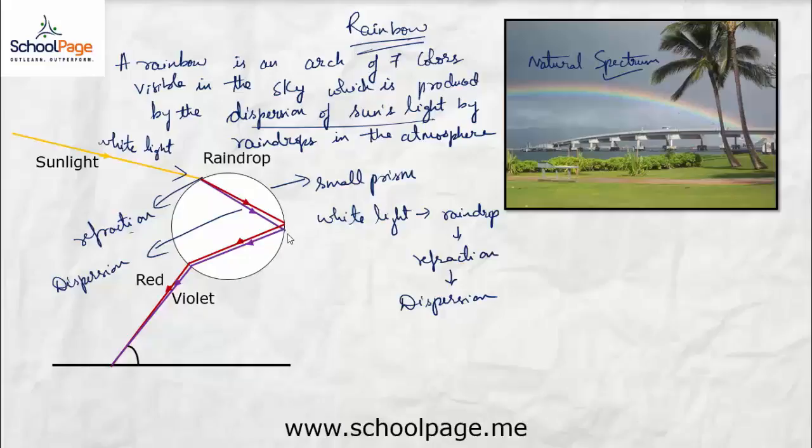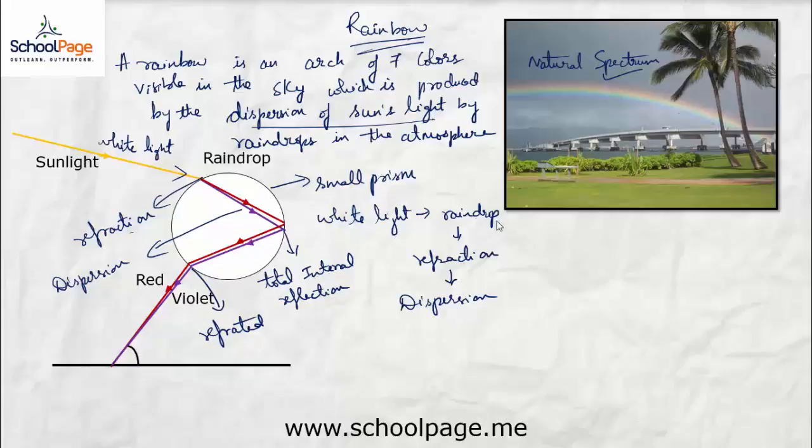So this spectrum undergoes total internal reflection, and finally is refracted out of the raindrop. So this is how a rainbow is formed. So first step, what happens?